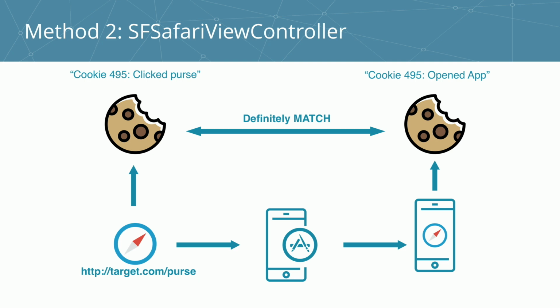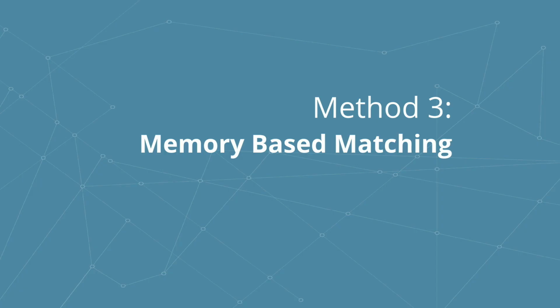We'll save that cookie ID associated with that link ID in our server, and then once the user passes through the installation process, we'll then open up an instance of a SafariViewController, and we'll pull that cookie back out, and then we'll match it with the original cookie that we stored when they clicked on the link. That way we can pull all the information down and say, okay, this is the experience that this user needs to have.